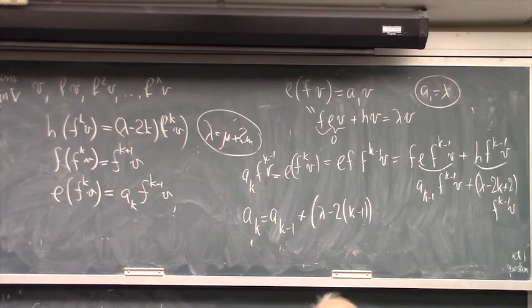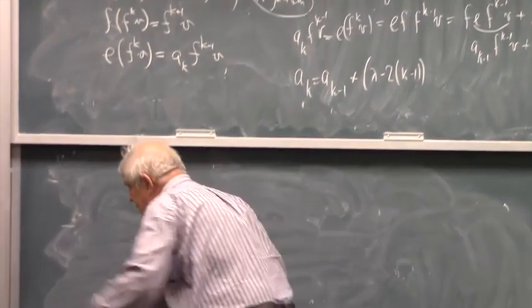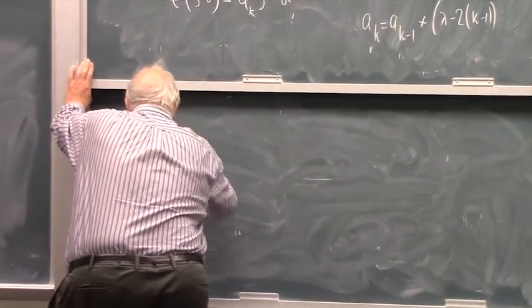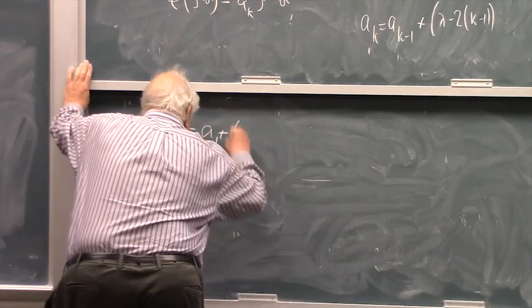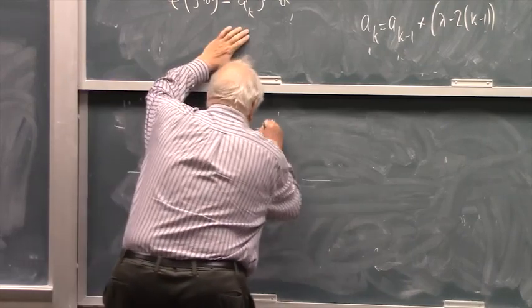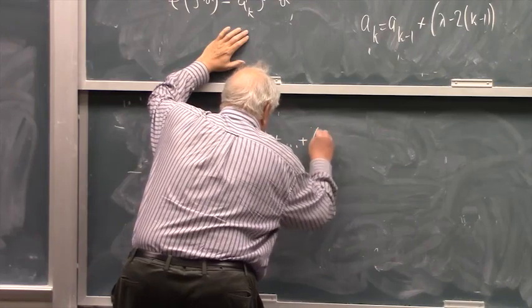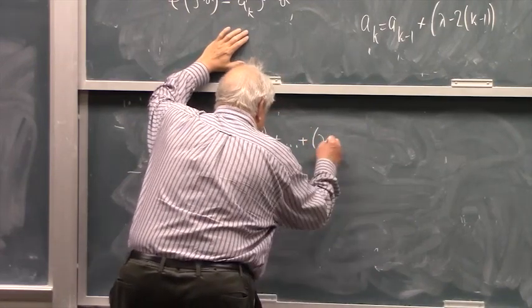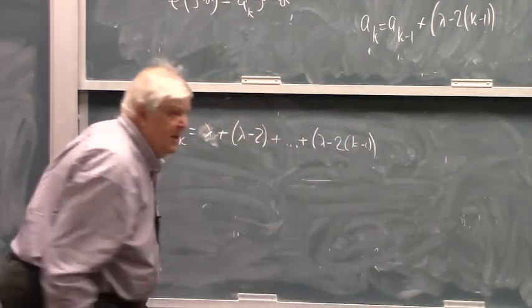We are very close to the end now. So a_k is a_1, which is lambda, plus lambda minus 2, plus and so on, plus lambda minus 2(k minus 1), right?